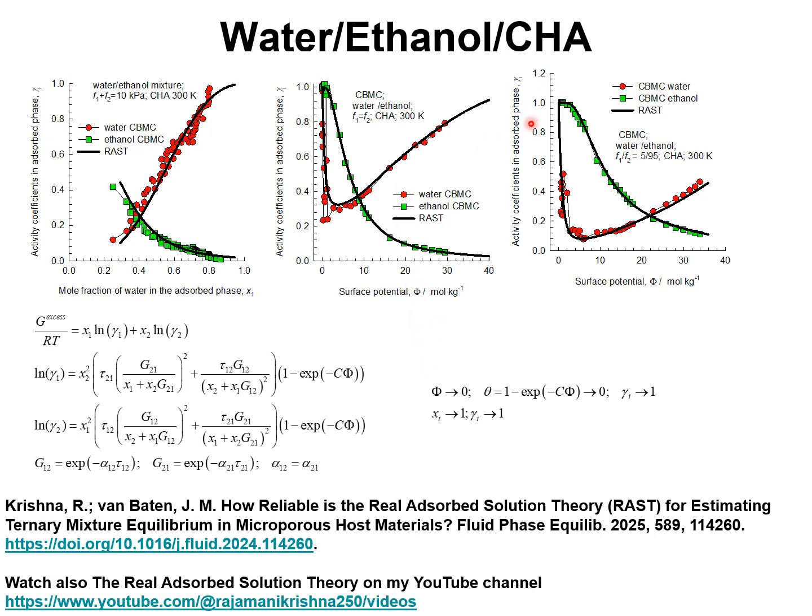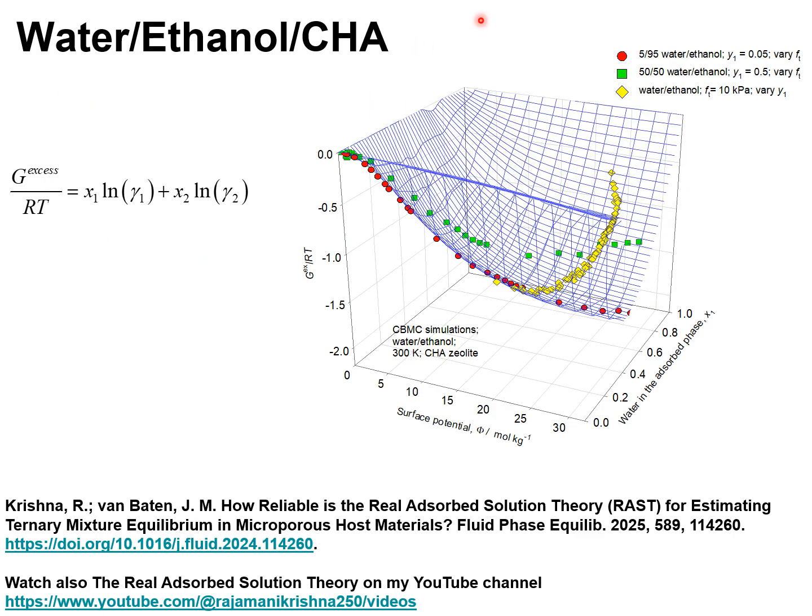Let's look at the Gibbs excess free energy for the 3 sets of CBMC data for water-ethanol mixture adsorption in CHA. I plot the 3 CBMC data sets for the excess Gibbs free energy divided by RT, which is given by x1 ln gamma 1 plus x2 ln gamma 2.